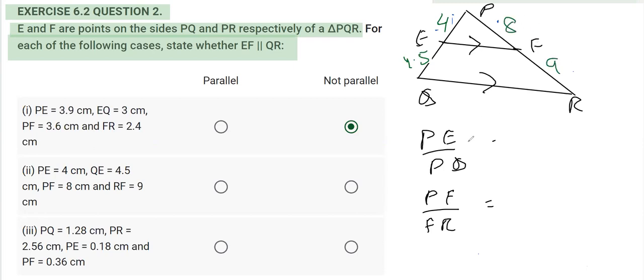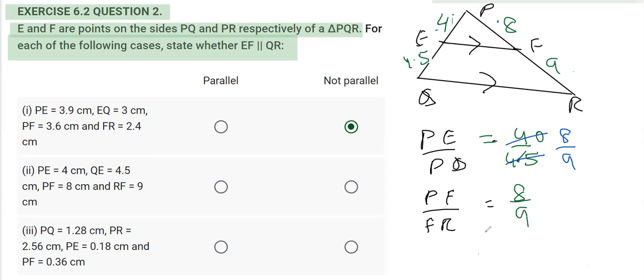So let's obtain the first ratio: PE over EQ is 4 over 4.5, which you can write as 40 over 45, divisible by 5: 5 times 8 and 5 times 9. While checking the other ratio, it is 8 over 9. Yes, this time they are equal.